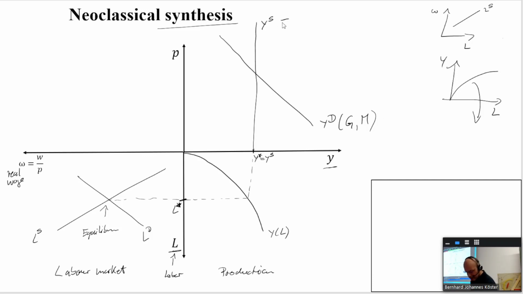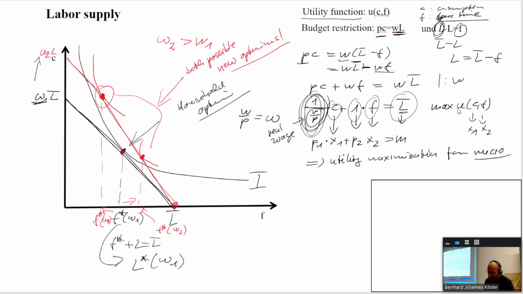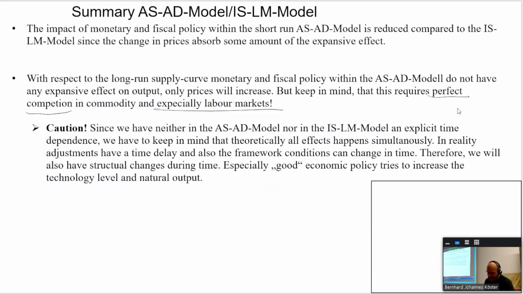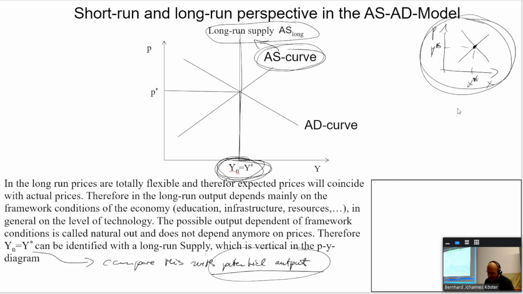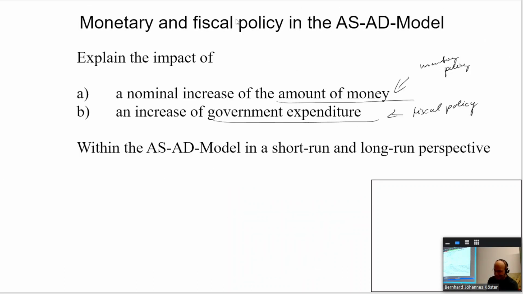YS. So this is our AS curve from our ASAD model, and this is our AD curve. So this diagram on the right is now nothing else than this diagram here, but only with the long run AS curve. We omit now the medium term AS curve, okay?